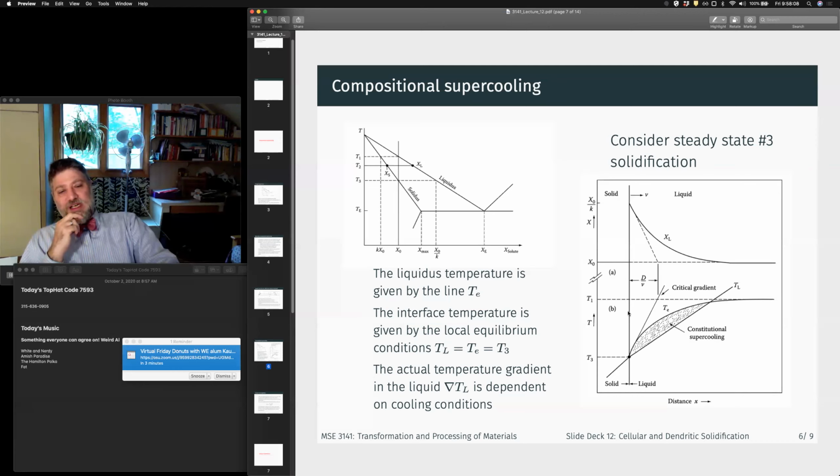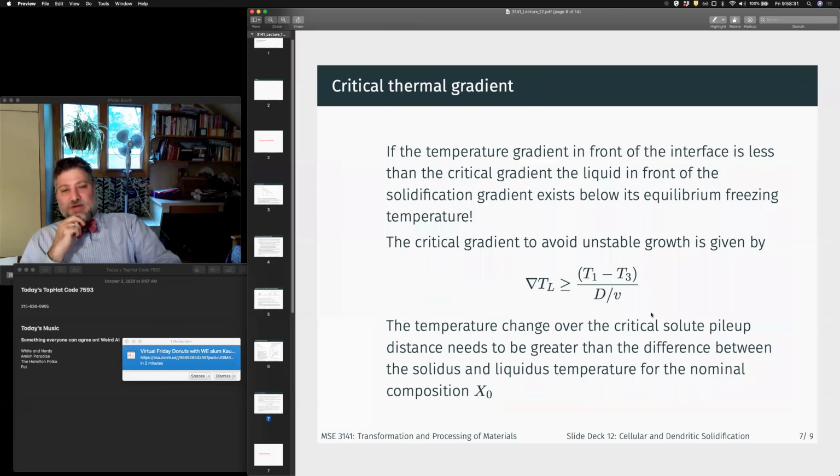So essentially, I need to have a thermal gradient that's greater than T3 minus T1, this temperature range, over this characteristic width. If my slope is greater, then I'm going to remain stable. If my slope is less, I'm going to have dendritic growth.